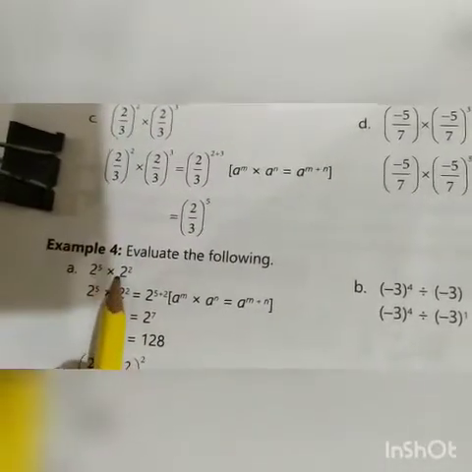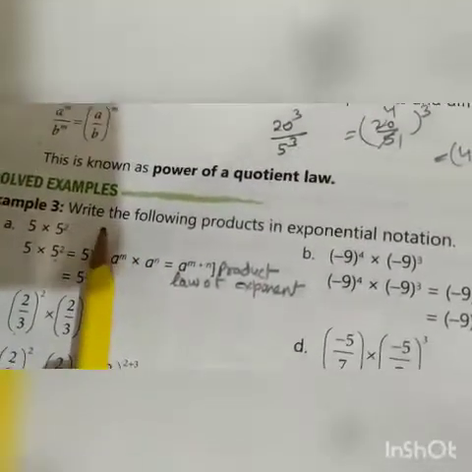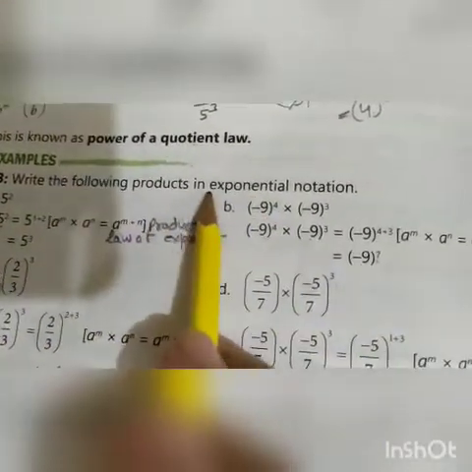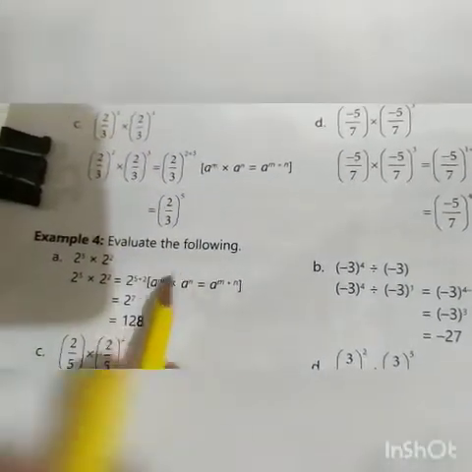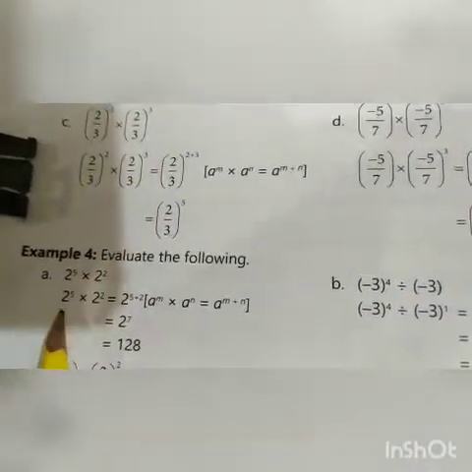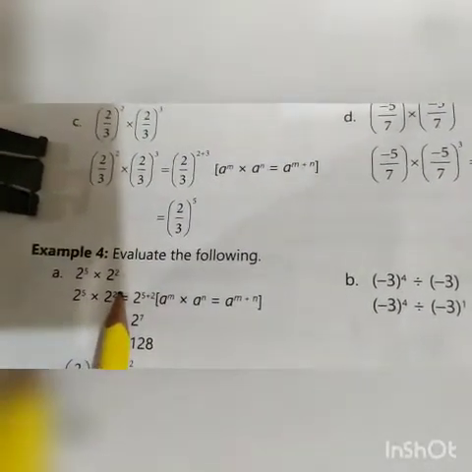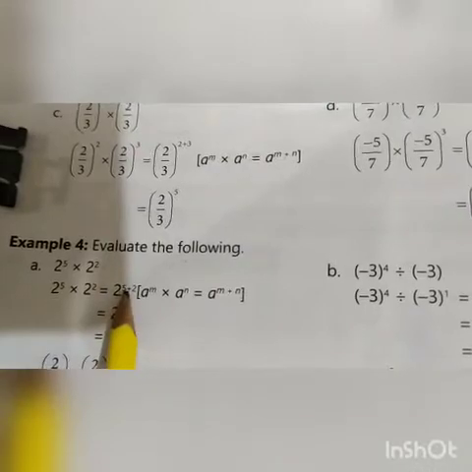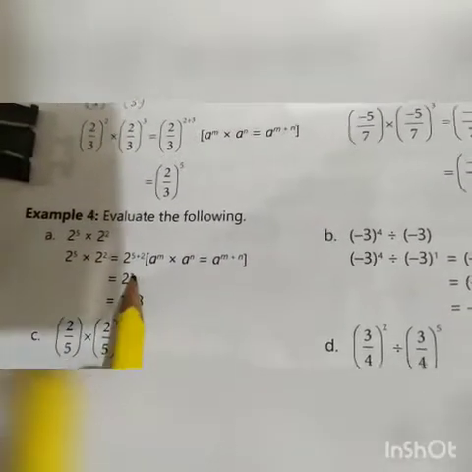2 power 5 multiply 2 power 2. This is evaluate the following. Earlier it was write the following products in exponential notation, and here we have to evaluate. So first we will do just as we have done here. 2 power 5 multiply 2 power 2 will become 2 power 5 plus 2. We will add both the powers. It will become 2 power 7.